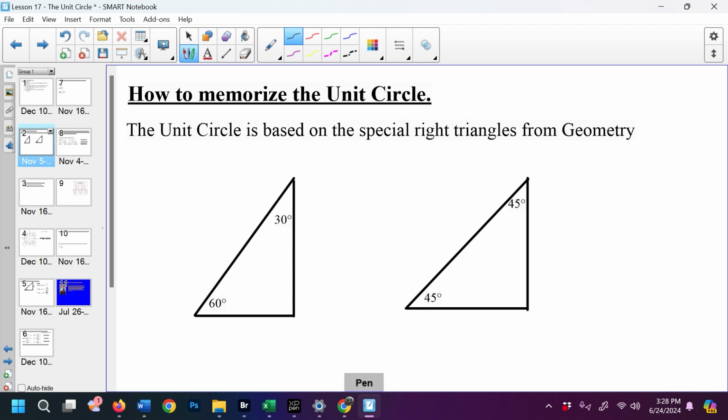If I make this a 1, then this side becomes a half, this side becomes square root of 3 over 2, and this side becomes square root of 2 over 2, and this side becomes square root of 2 over 2. And so these 4 values become 4 of the 5 values that are on the unit circle. These are the things that you're going to have to memorize: 1, square root of 3 over 2, 1/2, square root of 2 over 2.